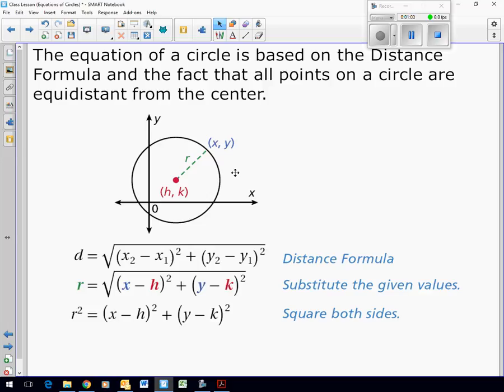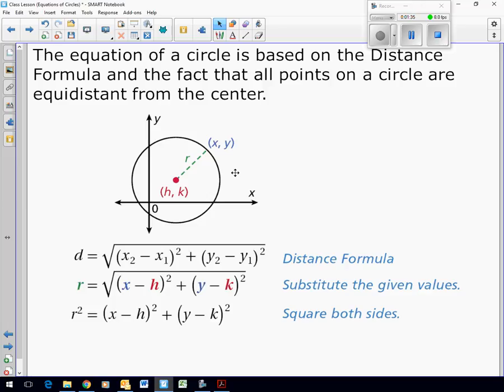The distance from the center of the circle to the edge, we call the radius, and by definition, for it to be a circle, that has to be true no matter which direction I go, from the center to any part of the edge of the circle. When I do that, I can create an equation for a circle.